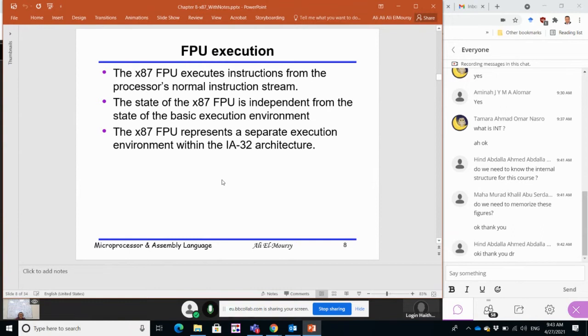However, once there is an identifier in the instruction to indicate that this instruction really belongs to the floating point unit, and the x86 recognizes that this is a floating point instruction, it will send the whole instruction directly to the x87 for decoding and execution, and the x87 sends back a message that it is done with the execution, to allow the x86 to continue its operations.